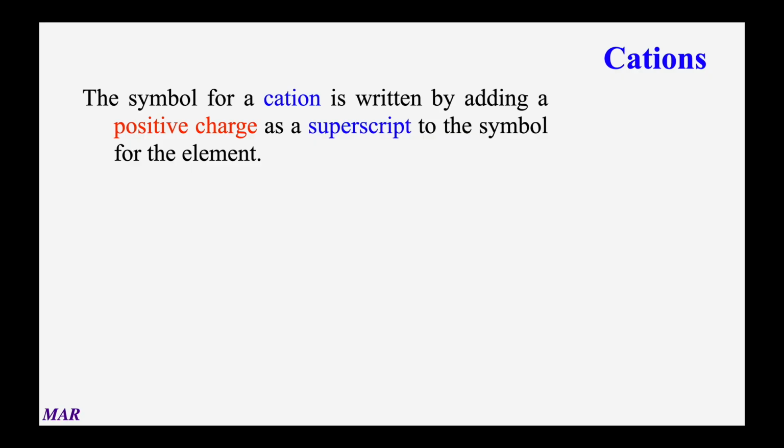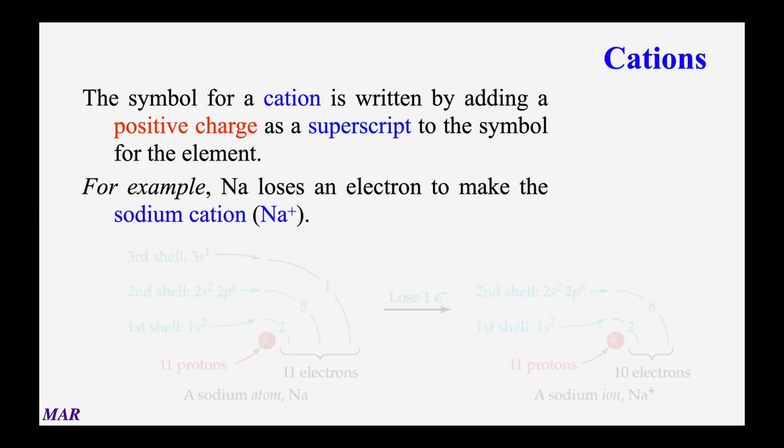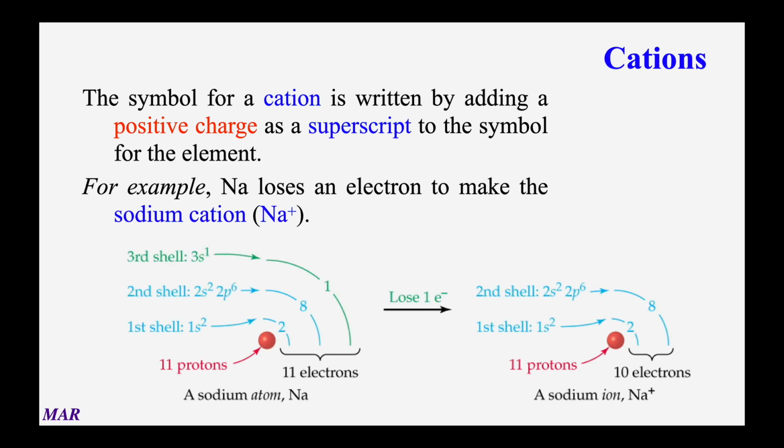The symbol for a cation is written by adding a positive charge as a superscript up in the right-hand corner of the element. So as an example of that, sodium likes to lose, we're going to see, one electron. And in the process of losing one electron, you can see in the lower left corner, it still has 11 protons.